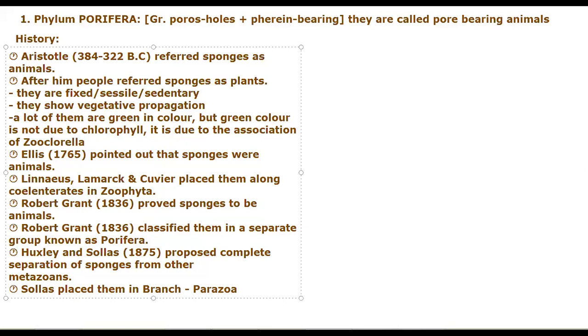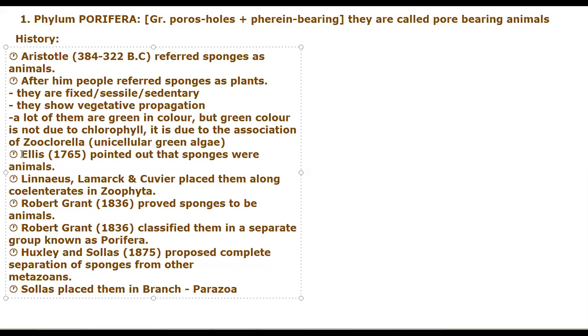It is due to the association of zoochlorella, which are actually unicellular green algae. You understand? So that is why, due to so many features, they were referred to as plants.